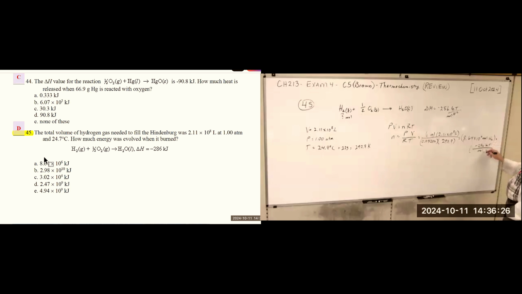And that cancels the moles of hydrogen and leaves us with kilojoules. And I get, and this is going to be the amount of heat, which is minus 2.47 times 10 to the 9th kilojoules. It's a lot of energy.